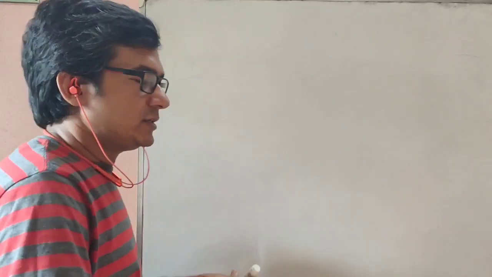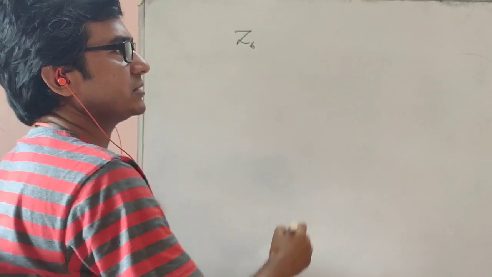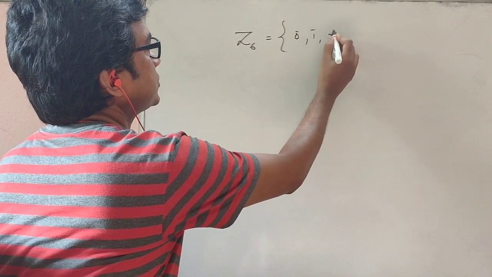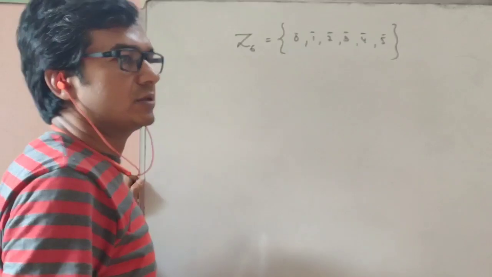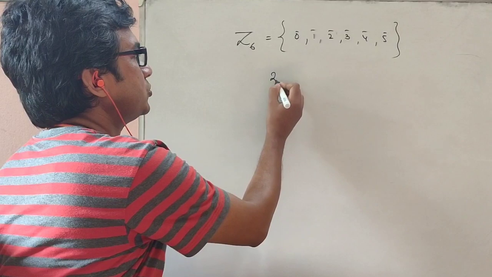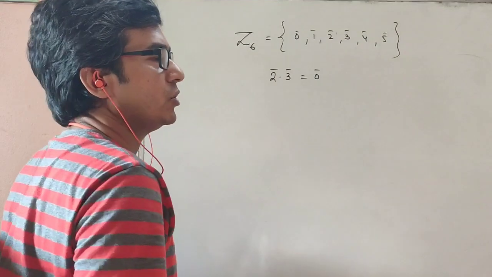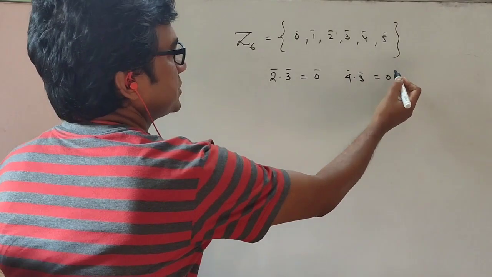We know that a ring Z6 equals 0+, 1+, 2+, 3+, 4+, 5+. Here 2+ times 3+ equals 0+. Also 4+ times 3+ equals 0+.